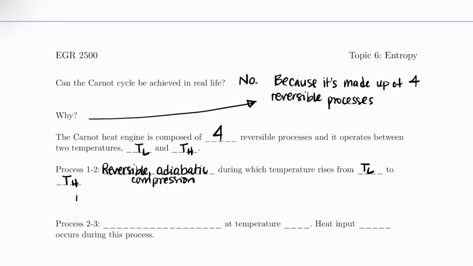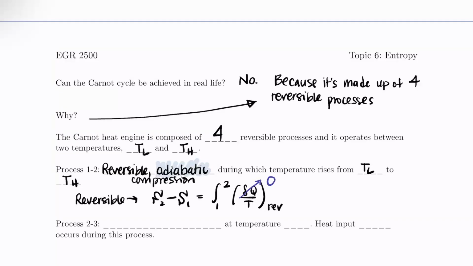Since this is reversible, that means that we have S2 minus S1 is equal to the integral from 1 to 2 of delta Q over T for a reversible process. But since this is adiabatic, that means that dQ is 0 and this is 0.